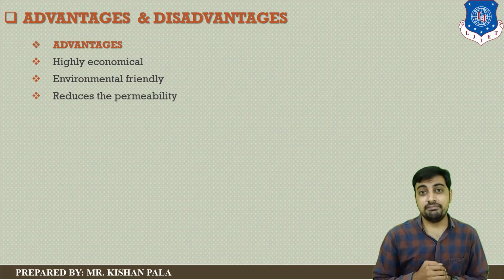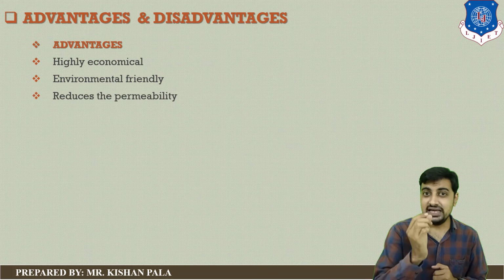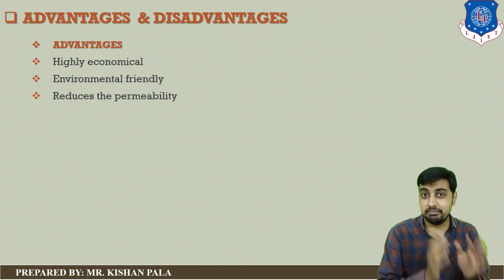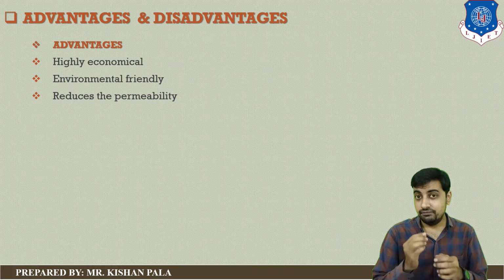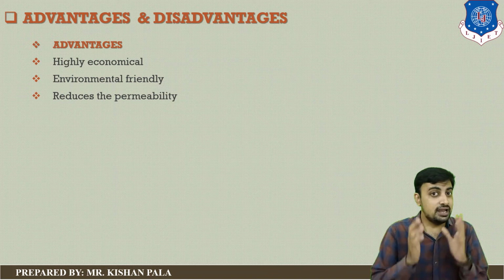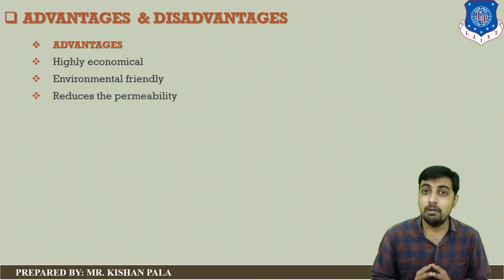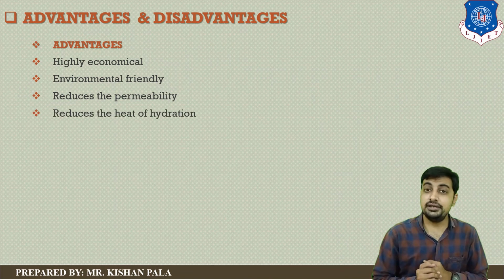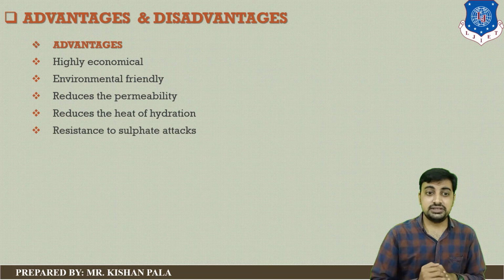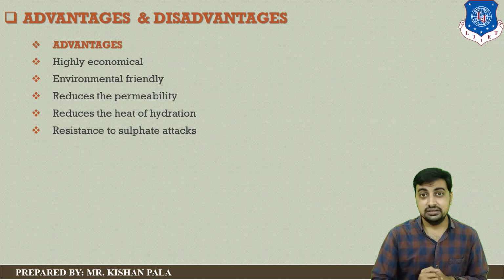Reduced permeability, because fly ash has finer particles compared to the cement mass. As we know, as you increase the finer particles in your concrete mass, there will be less permeability of the concrete. Next one is reduced heat of hydration. Now, resistance to sulfate attack.